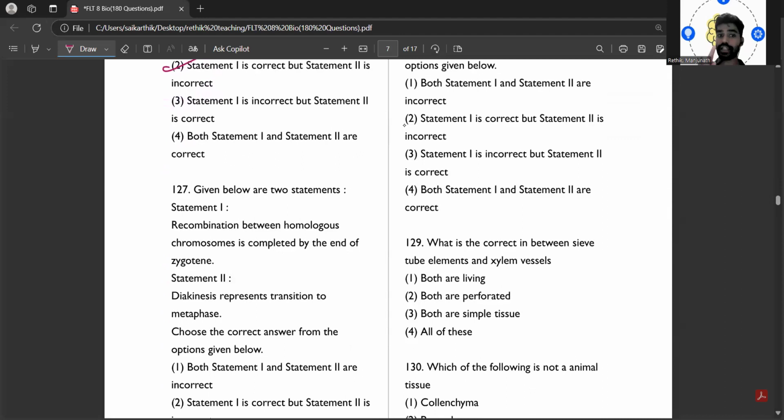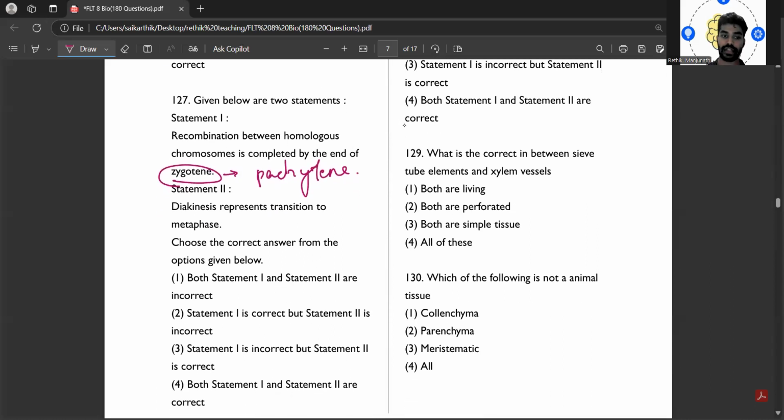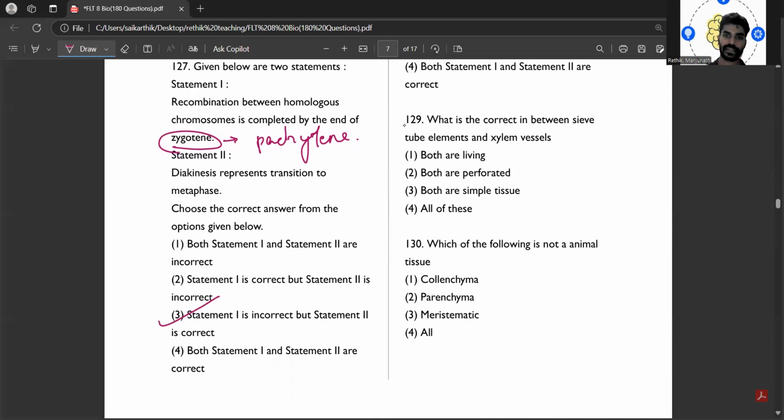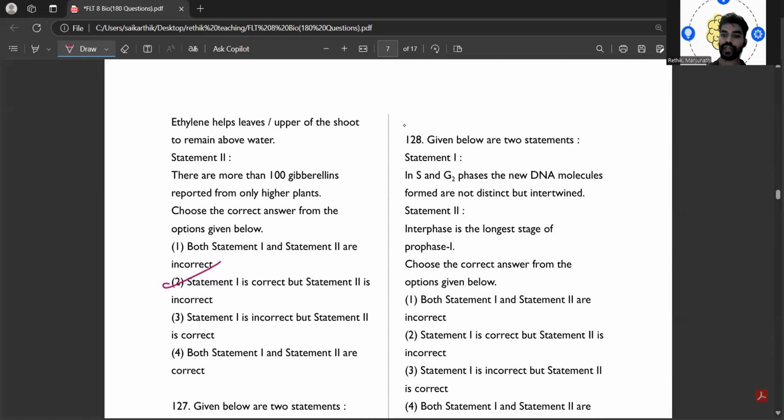After 126, it is 127. Given below are again two statements. Statement one says that the recombination between the homologous chromosomes is completed by the end of the zygotene, it is actually pachytene. So statement one is wrong, while statement two is correct. Simple answer. Next, 128.